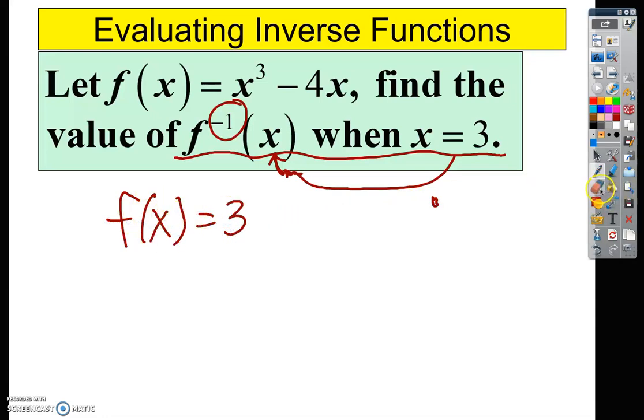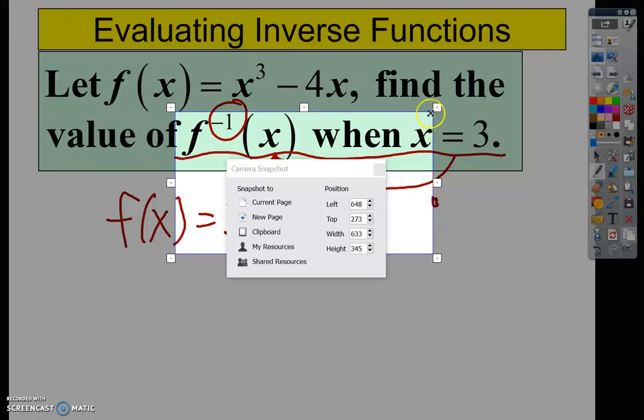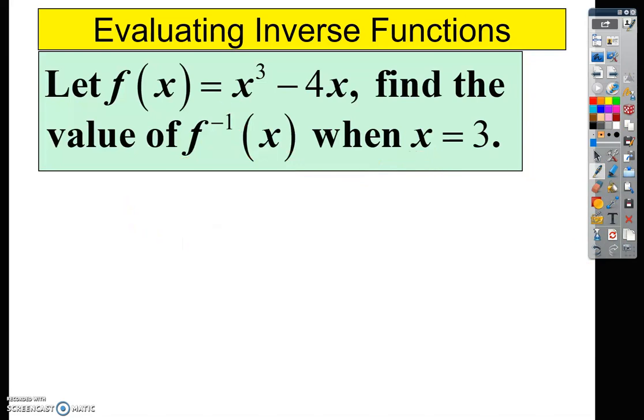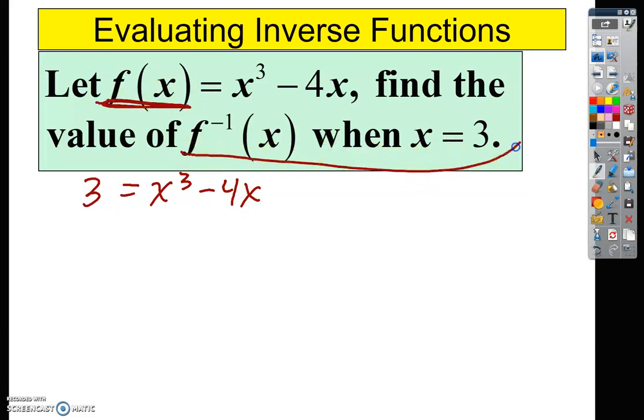We're really asking people to solve this equation, because we want to know the inverse, which means when y is 3. It's a little weird.